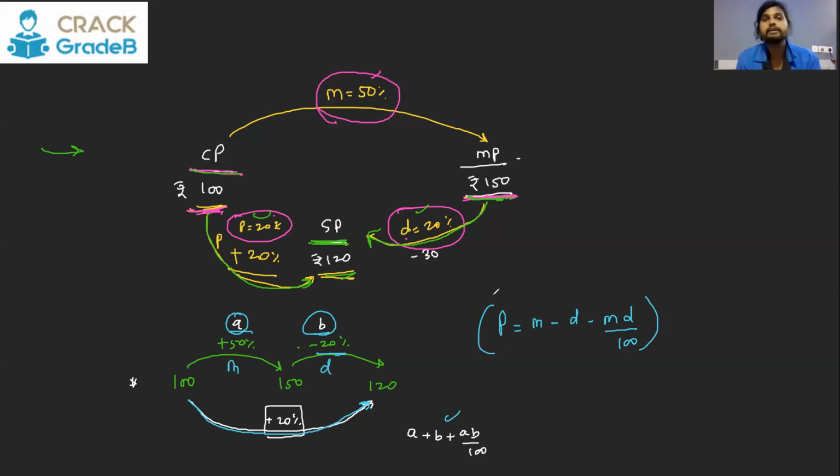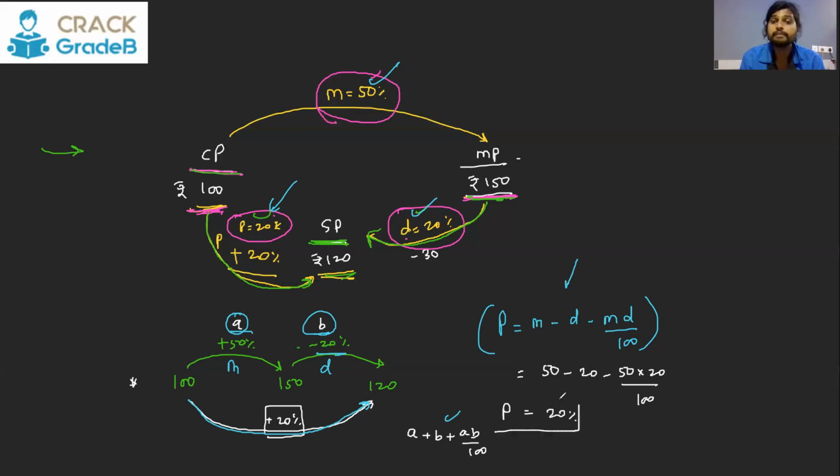So if you are given the markup percent as 50% and discount percent as 20%, and if you are asked what is the resultant profit percent, you just have to put the figures here. So you say markup is 50, discount is 20. So 50 minus 20 minus 50 into 20 upon 100. Solve this, you will get 20%.